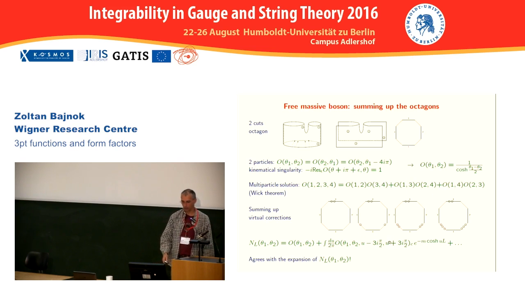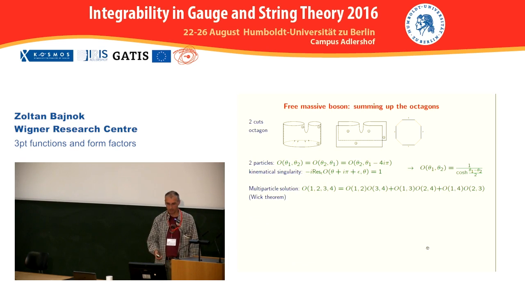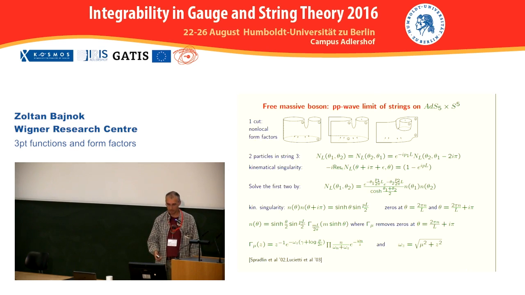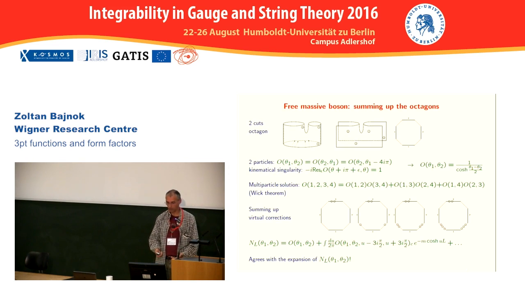And then you do the calculation with this small size of the cylinder as distance putting here. And then what you will find is exactly the same as this other contribution we calculated in the non-local operator form factor if you expand for large L. So this solution actually contains all Lüscher or wrapping correction in the small string. And we just calculated from the octagon the leading wrapping correction. And then you can go to next order, and then you can do the calculation.